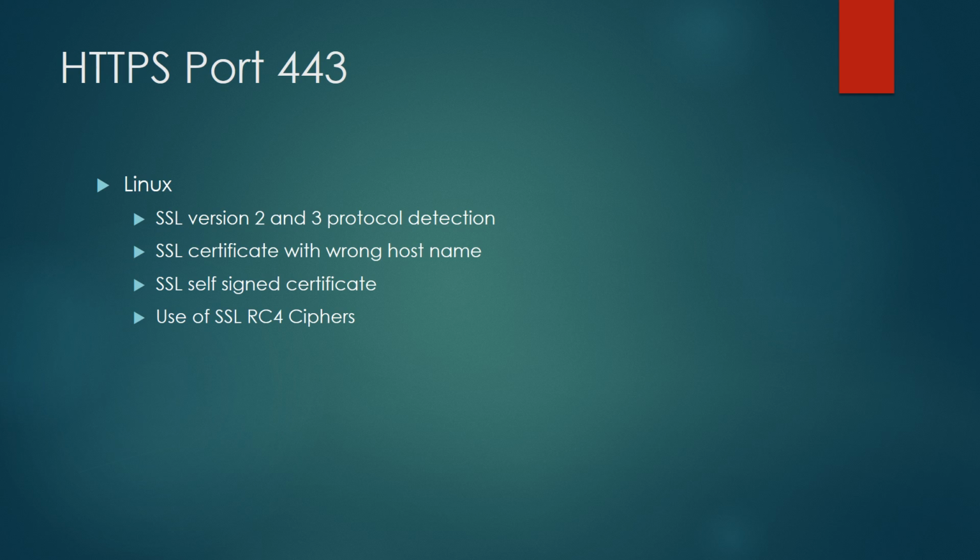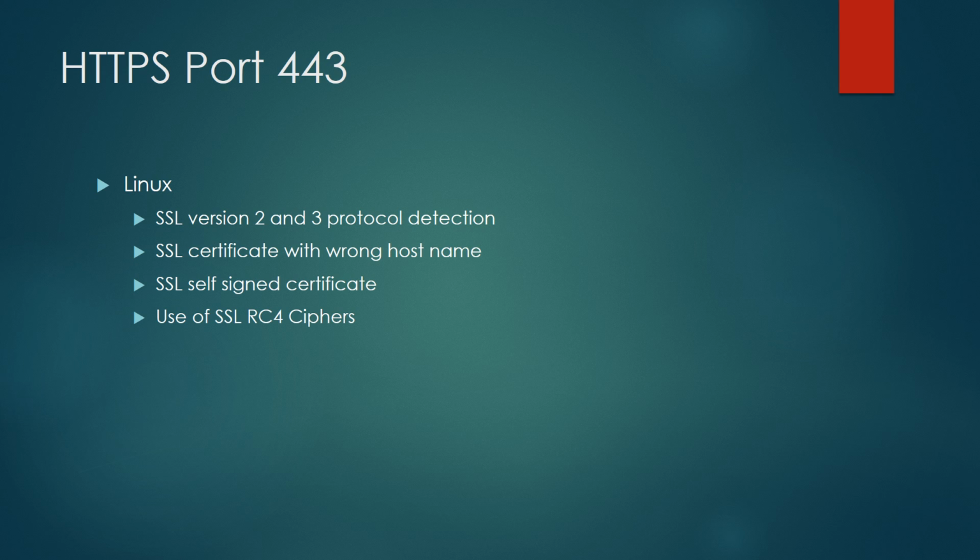She had an issue with the SSL certificate, which had a wrong hostname, and another vulnerability that was discovered was that an SSL certificate could not be trusted, which had a base score of 6.4.